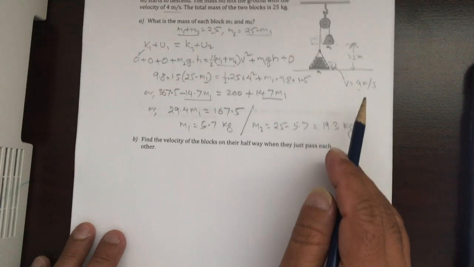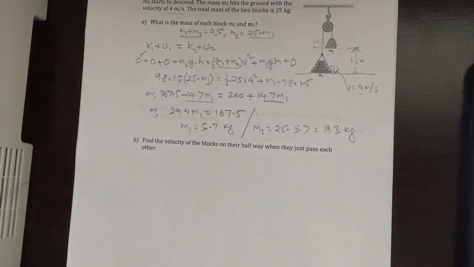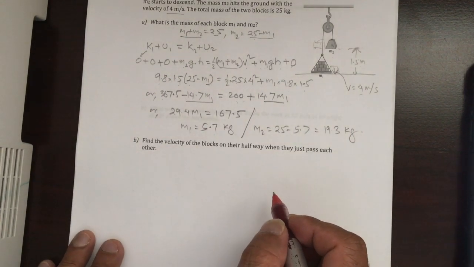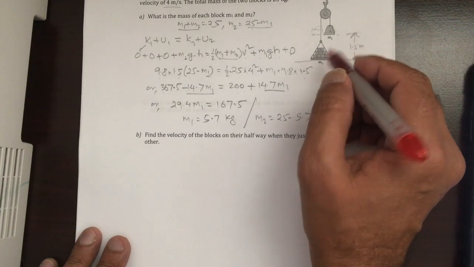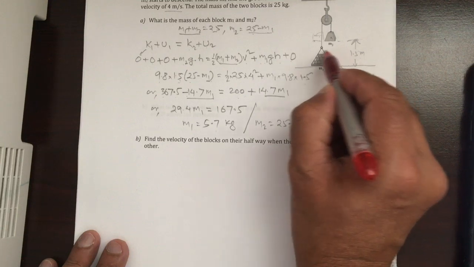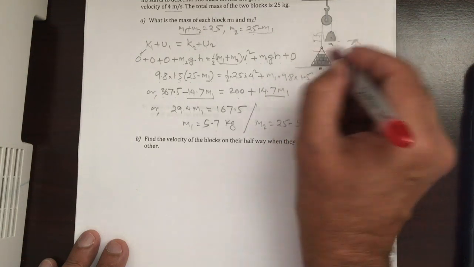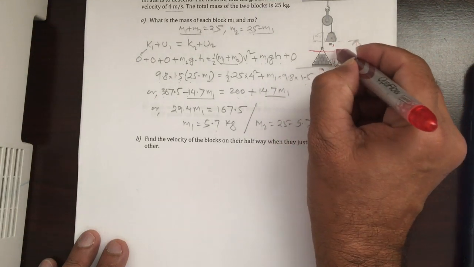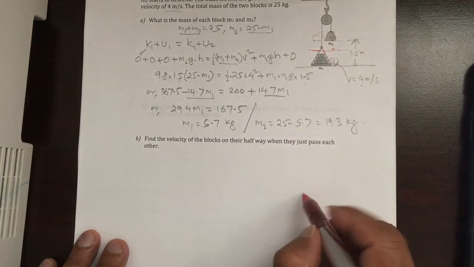So now if I go to this question, let me use red ink. So on their halfway means somewhere here, so this goes here, and this, let me draw it here.